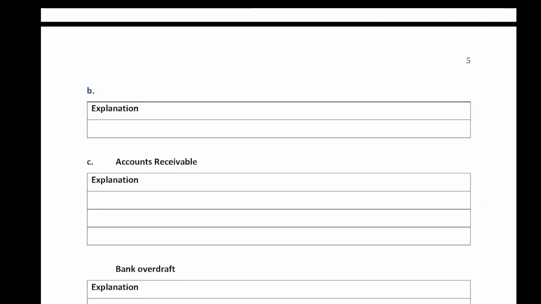Yeah, amounts owing from credit sales, we have done it. Amounts owing from credit sales means what? Accounts receivable. See, we have done it in tube 3. That means you guys don't read it, yes?